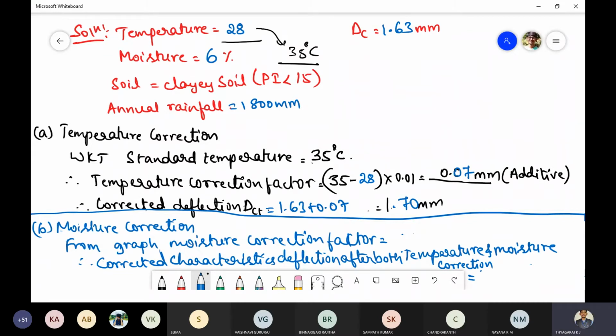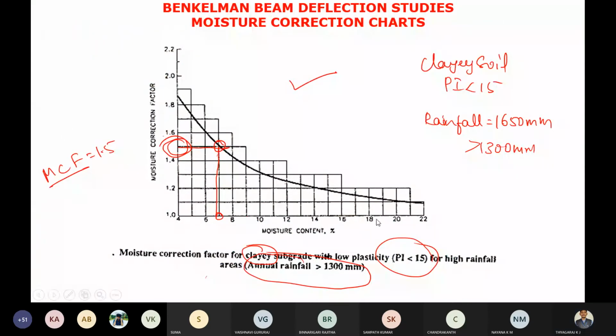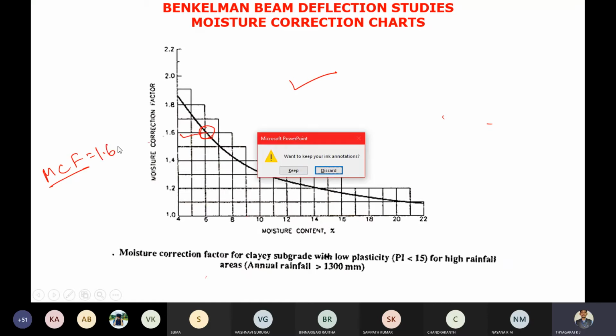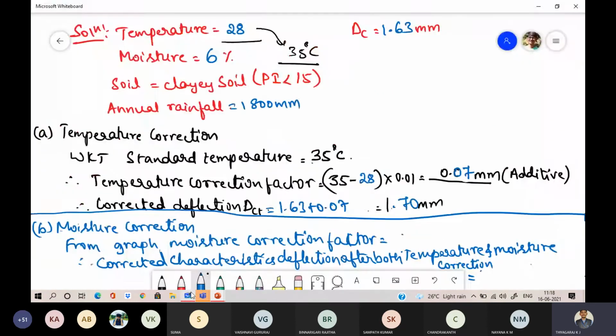If it is completed, I will go for the chart. What is the rainfall? The same chart, right? Yes, sir. What is the moisture content? 6%. So it will cut the chart here. So the correction factor is 1.6.